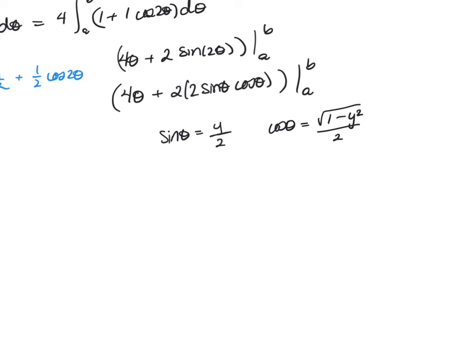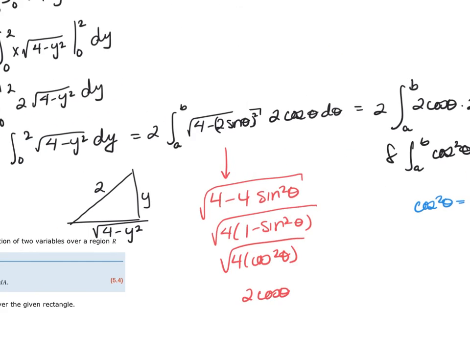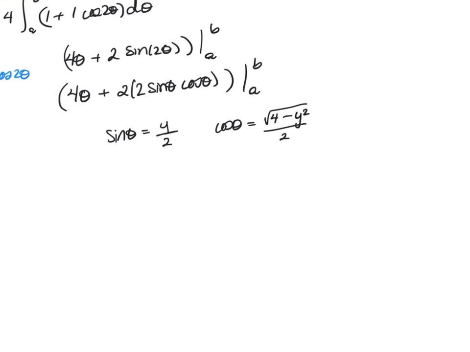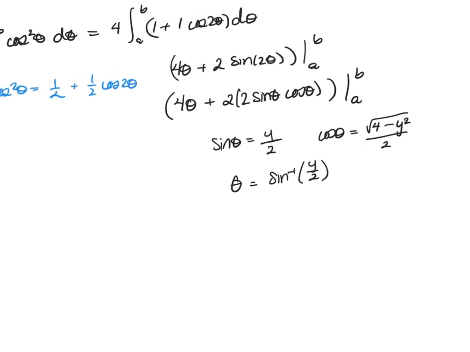And this happened to be 4, I believe. Was that 4 or was that 2? It was 4, yep. So then I should probably say that the sine of theta is y over 2, so theta is equal to the sine inverse of y divided by 2. Okay, so where am I?